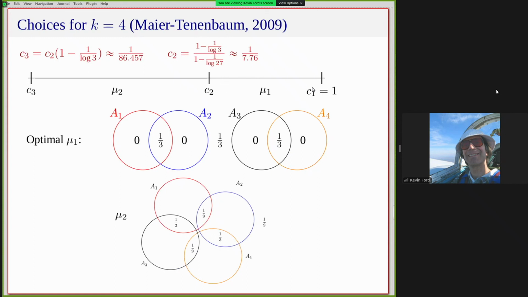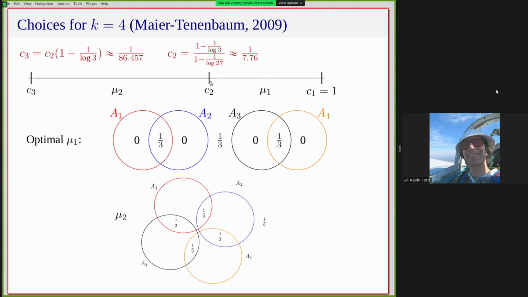That corresponds to 2 intervals, 2 measures. The top measure is pretty well understood. We'll take 1/3 in this intersection, 1/3 in that intersection, thinking of these 2 sets as being glued together, and 1/3 outside.